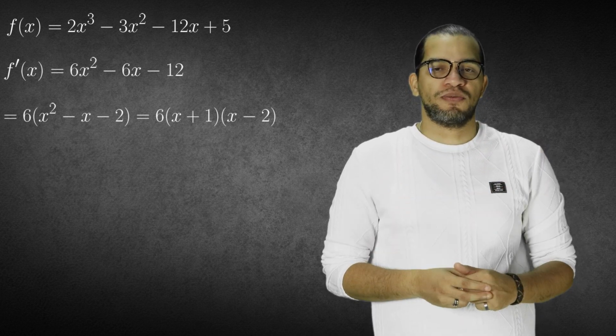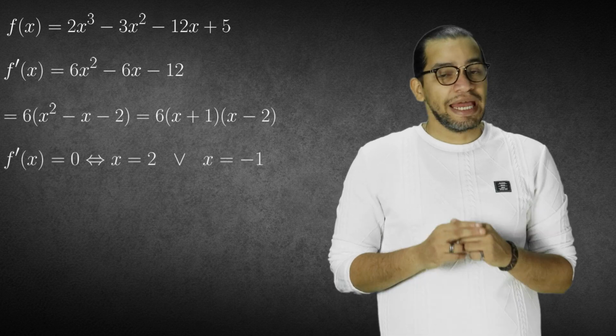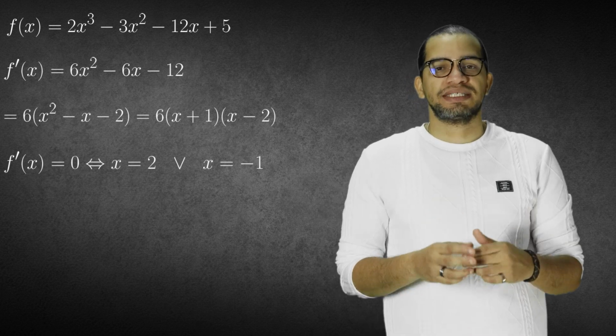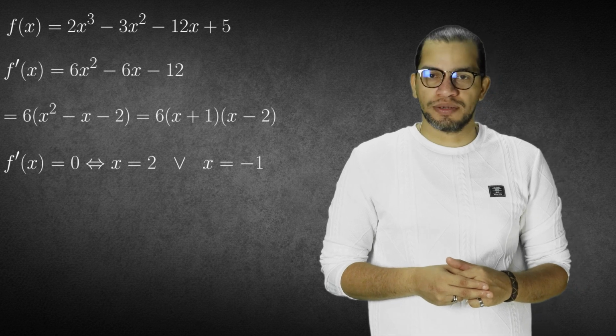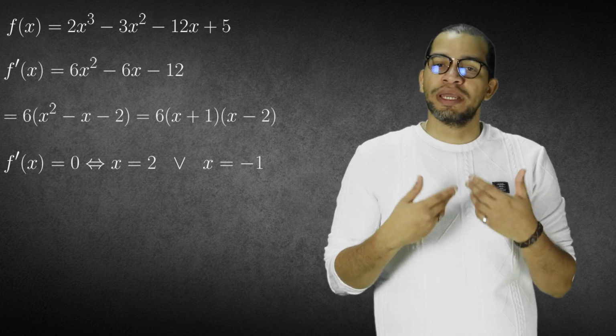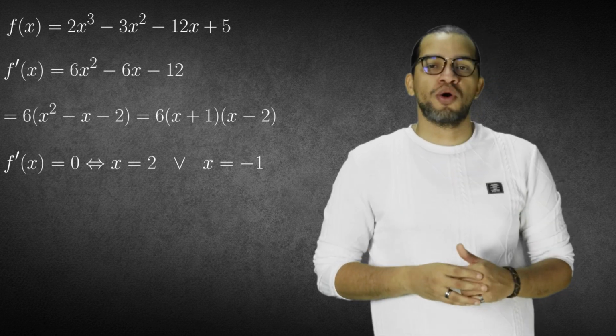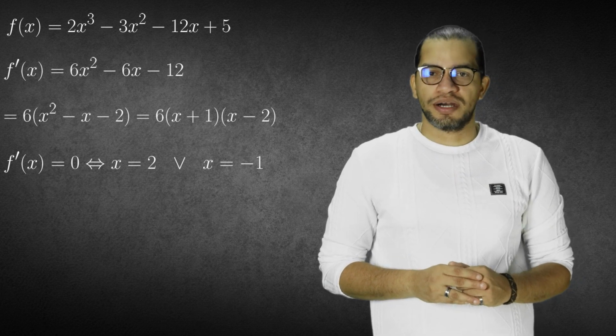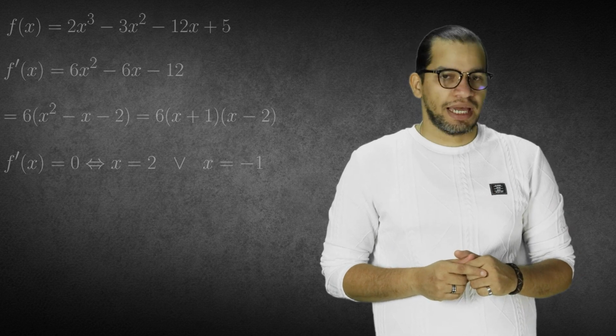Therefore, f prime of x is equal to 0 if and only if x is equal to -1 or x is equal to 2. Thus, we can say that the critical points of f of x are x equal -1 and x equals 2.